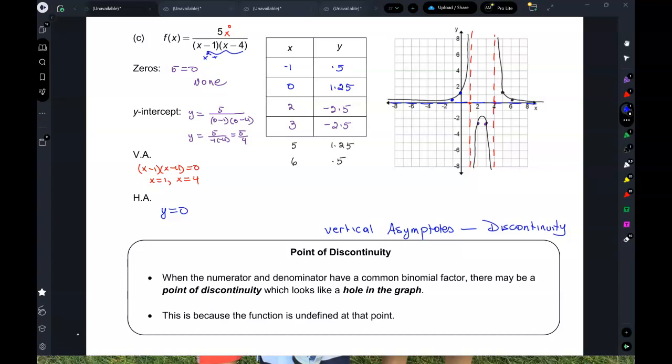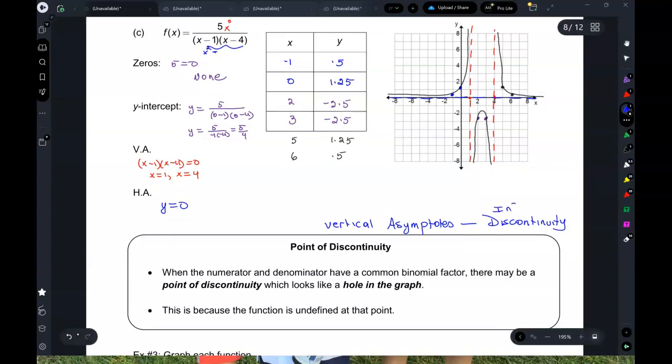That is a discontinuity. The graph is literally broken up. It's discontinuous. Now, there are different types of discontinuities in the graph. The vertical asymptote is by far the biggest one of them. It is not only a discontinuity, it is called an infinite discontinuity. You really cannot get around it.